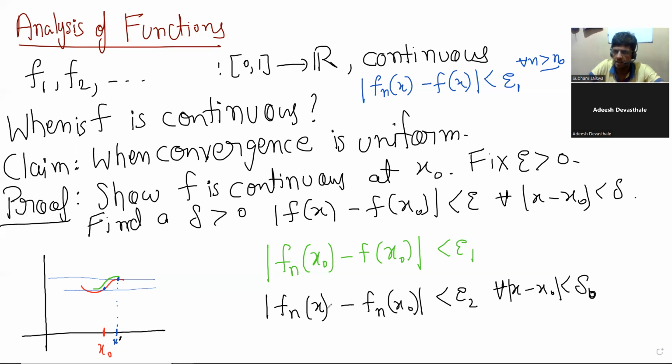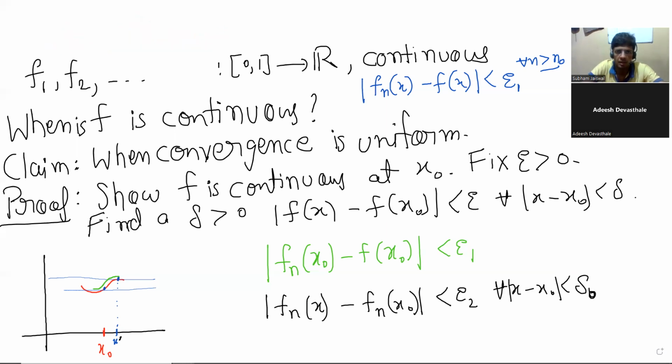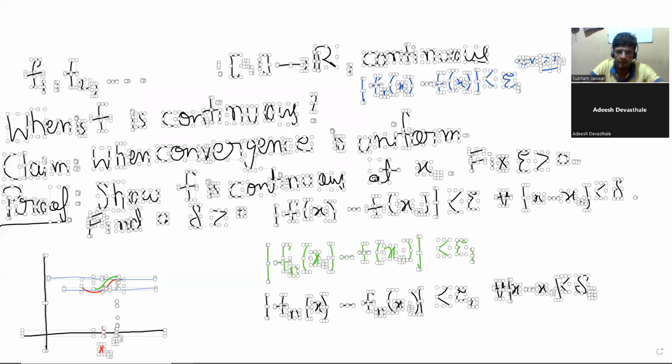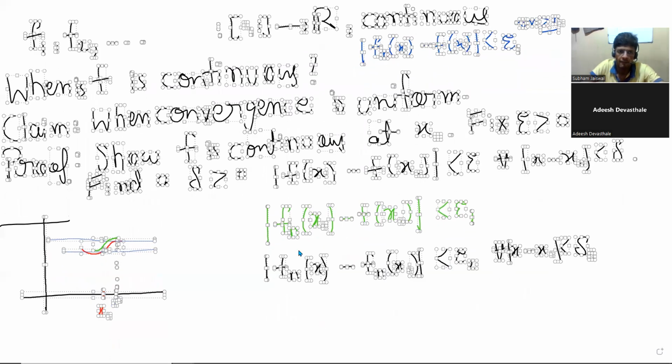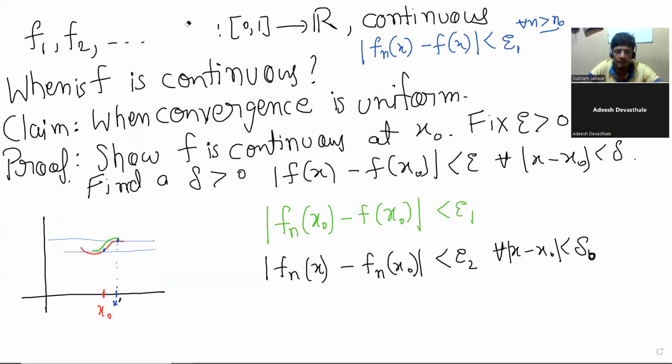Bounded, yes, certainly. So the blue colored inequality which we have got, |fn(x) minus f(x)| is less than, let's say we take epsilon 2 for that thing also.